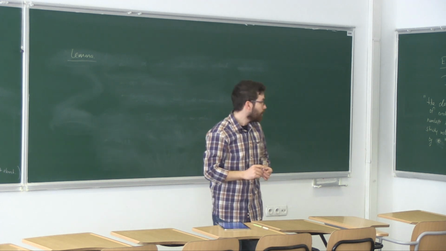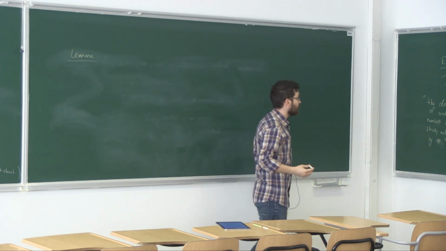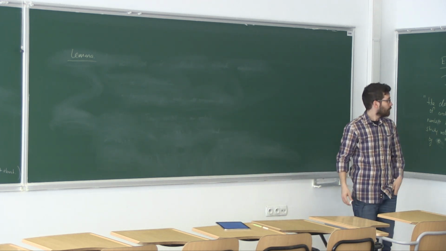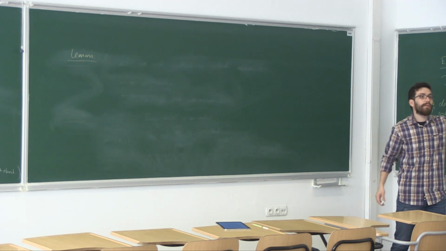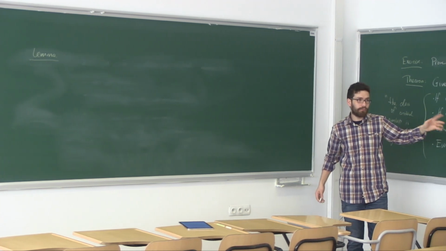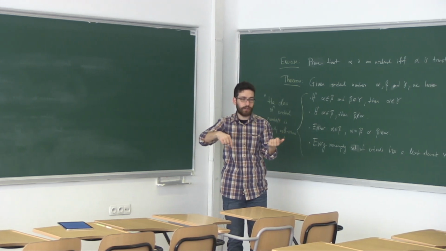Now, you might want to object at this point that some of these bullet points are trivial. Let's assume that alpha is a member of beta and beta is a member of alpha. Then this can't happen by the axiom of foundation, right? We proved that we can't have two sets which are members of each other.